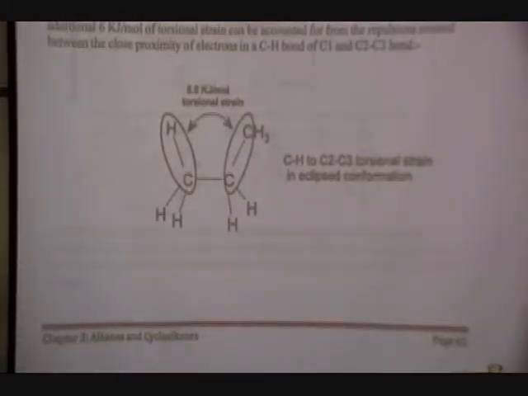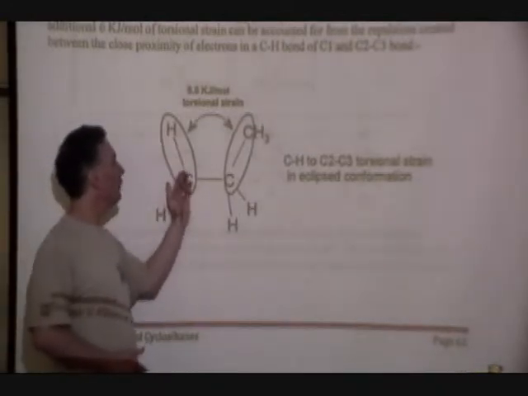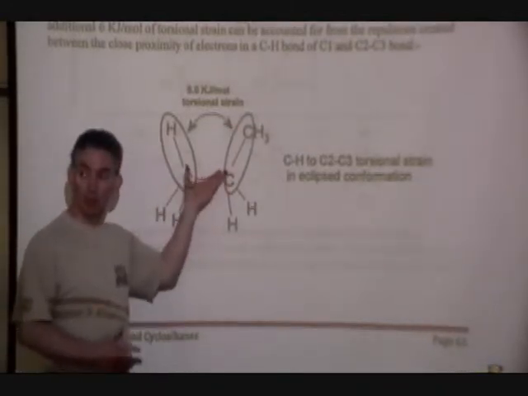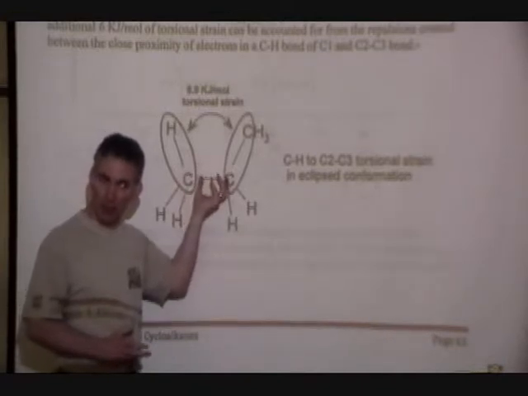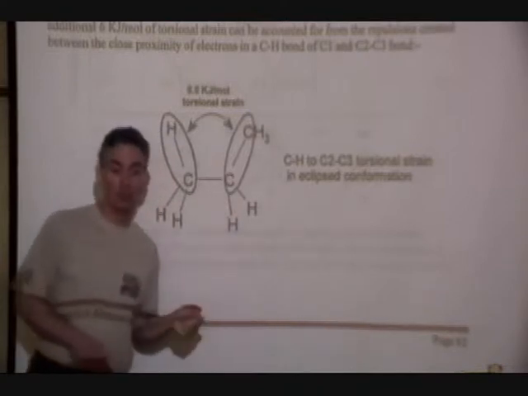Again, it's these bonding orbitals between the carbon to hydrogen bond and the carbon to carbon bond, which are too close together, causing repulsion, causing us torsional strain, as we know.